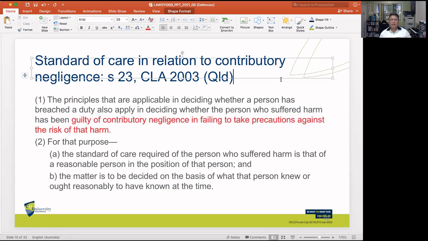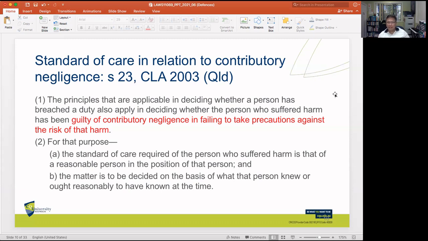Now, for that purpose, the standard of care required of the person who suffered harm is that of a reasonable person in the position of that person, and the matter is to be decided on the basis of what that person knew or ought reasonably to have known at that time. This is a crucial point, because when we talk about the standard of care expected of a plaintiff who suffers harm through his own contributory negligence, we look towards the common law, where we use the reasonable person as the benchmark to determine the standard of care.